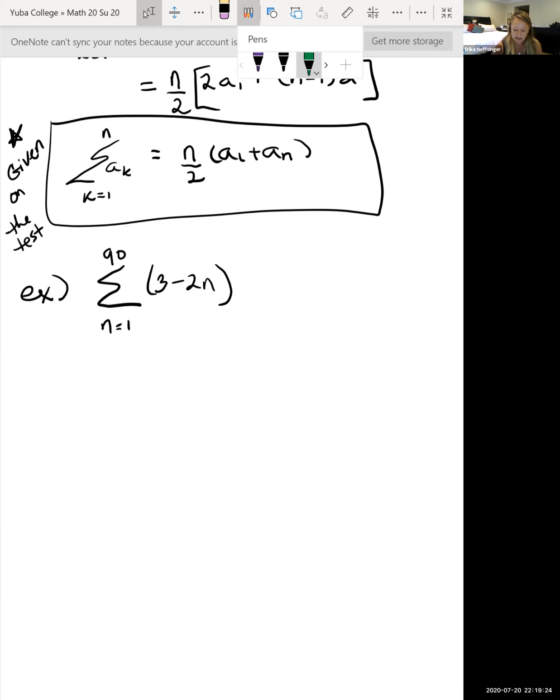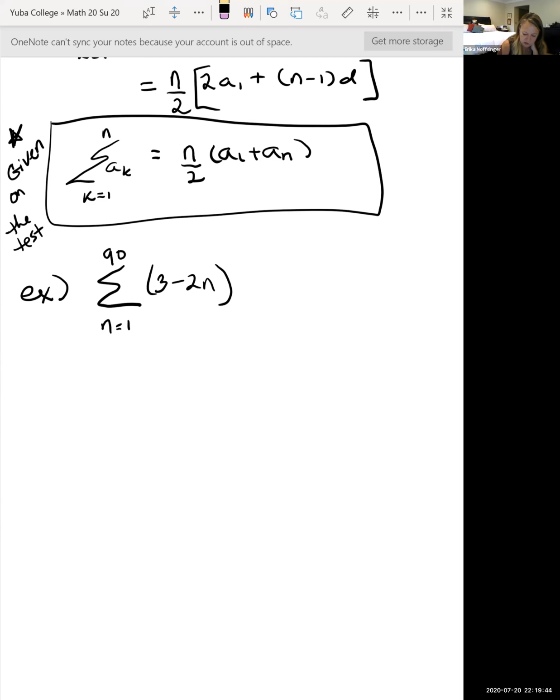So I can break this down as we did before, or I can use this formula. I might ask you first to show me that this 3 minus 2n is arithmetic. Seems like that was similar to what we just did. Then we can use this formula.